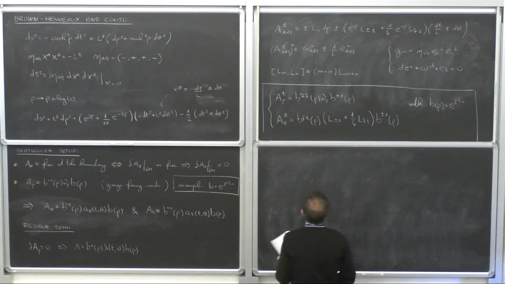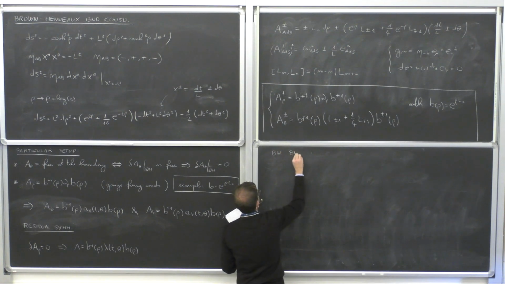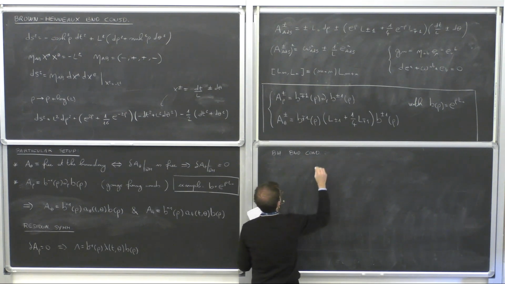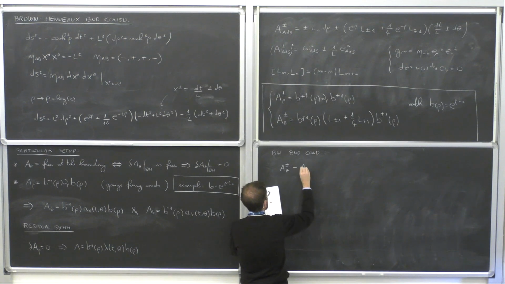And in this language, the Brown-Henneaux boundary conditions are just stating the following: that A plus or minus theta minus A plus or minus theta of ADS, or let's do it like this.